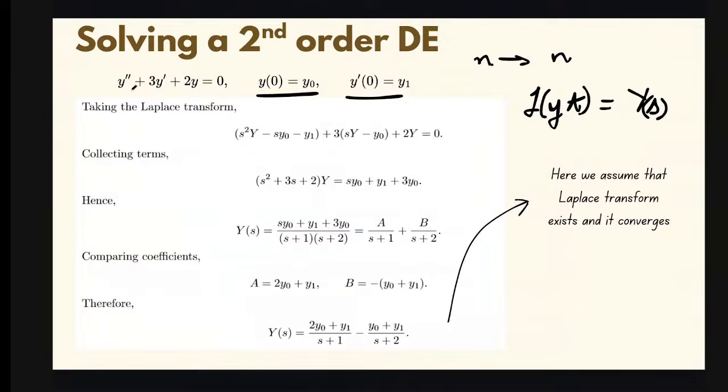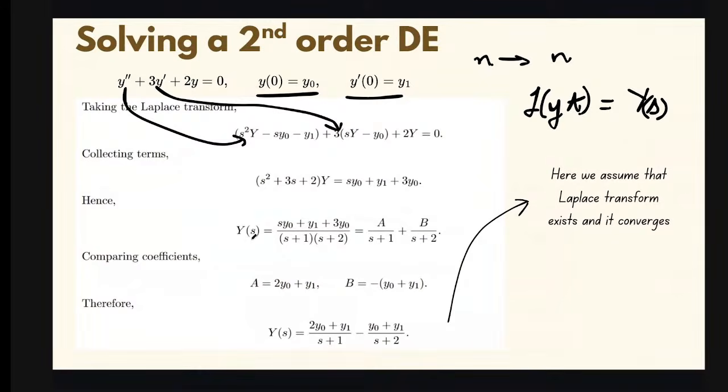So y double dash has a Laplace transform of this. 3y dash has this Laplace transform, and y has a Laplace transform y. And Laplace transform of 0 is just 0. I hope that's clear. Now let's collect all the y terms on one side and the other terms on the other side.